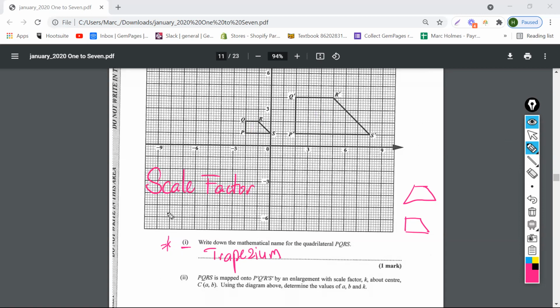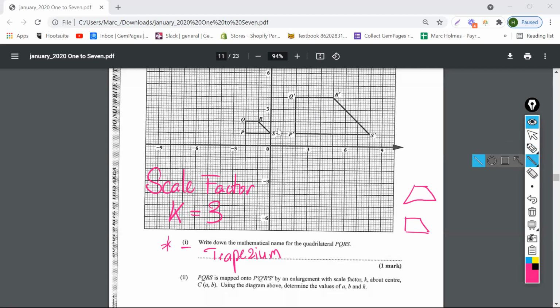I usually call a scale factor K, guys, but what is the scale factor here? 3. Yep. And the reason why it's 3, guys, is because, let me just show you why.